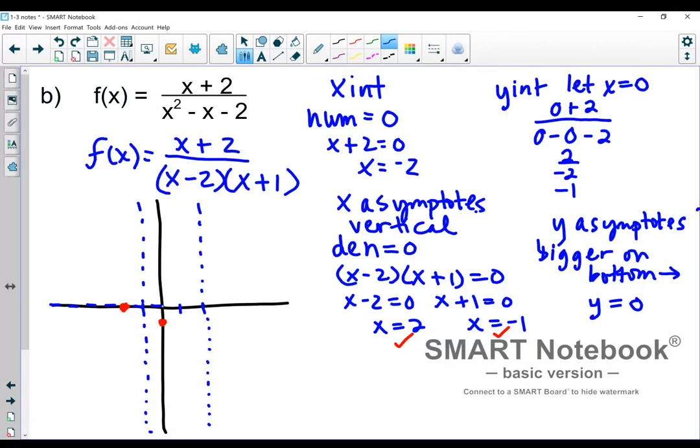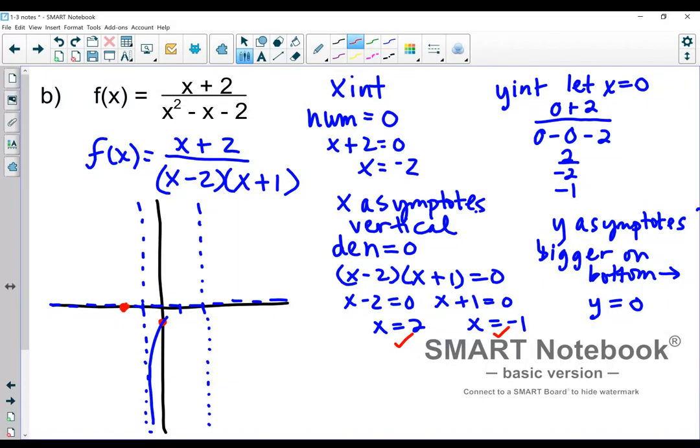So we know that we are not allowed to cross vertical asymptotes. And we know that we go through the intercepts and we can get really close to those asymptotes, but we're not going to cross them. So we can kind of tell this middle part of the graph goes like this.